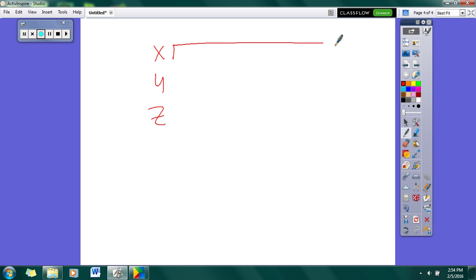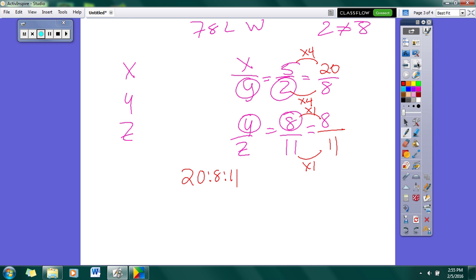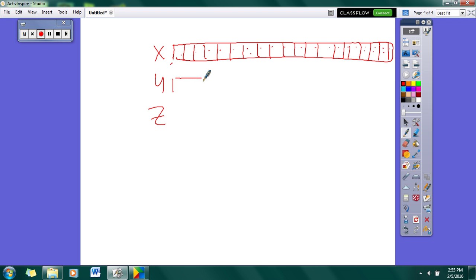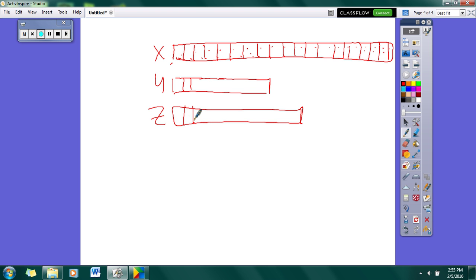I have 20 pieces, then 8 pieces, so I know that's going to be there. And 11 is going to be here.